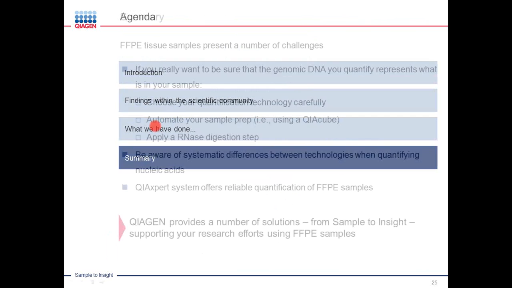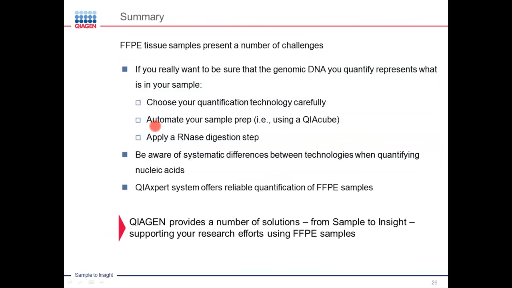And to sum this up, what we recognized is that yes, FFPE tissue samples present a number of challenges. And if we were to make a recommendation based on our study, we would say, if you really want to be sure that the genomic DNA you quantify represents what is actually in your sample, the first thing is to choose your quantification technology carefully. Be aware of what differences might be.